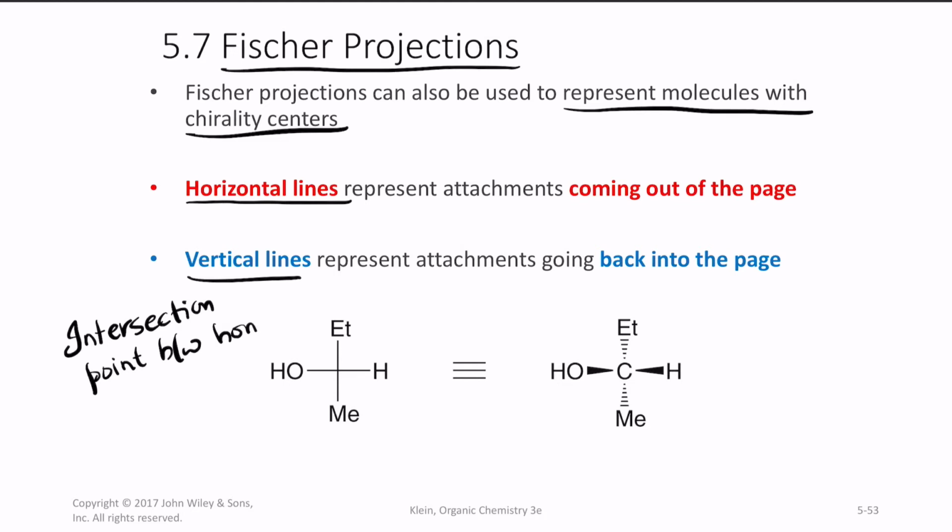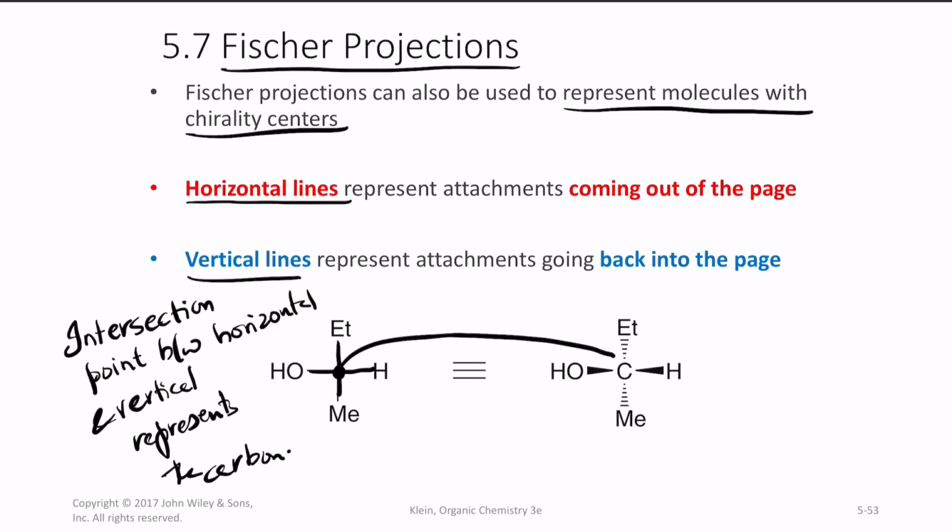The intersection point between the vertical and the horizontal line represents the carbon. So here you have a vertical line and a horizontal line, and this intersection point represents the carbon.